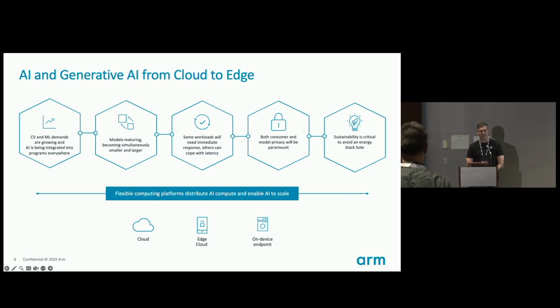But if you're running it on the edge or on devices, you have to be more mindful about things like storage space, how much memory you have, in a lot of cases, even your energy usage, because you might be running on something that's battery powered. And so the type of application you're developing is to some extent going to determine where that can run and what your options are there. But it's important to be mindful that you do have all of these different options and what those might mean for you.